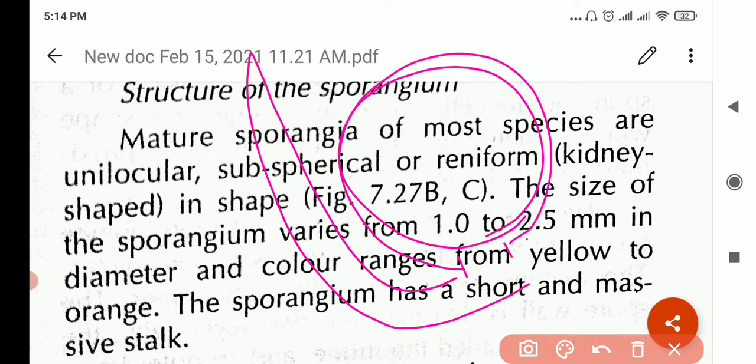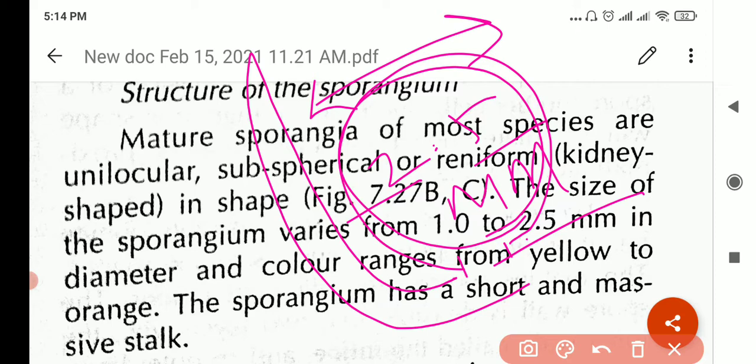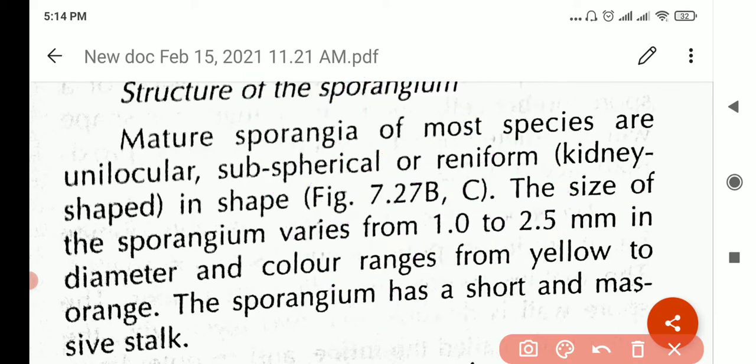What is the color? It could be yellow or orange. And what is the size? 1 to 2.5 millimeters in diameter, diameter, not length. Let's go to the next. I think it's easy, no?